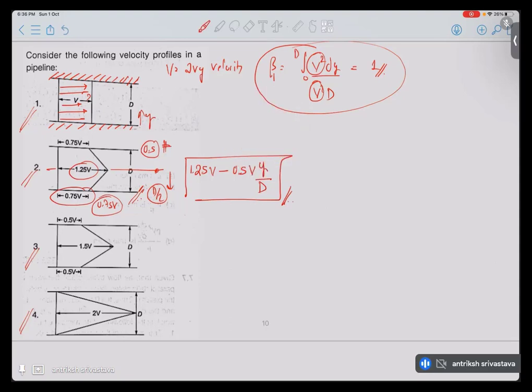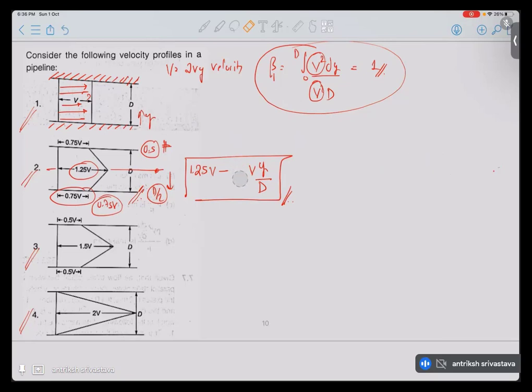At y equal to d by 2, we have 1.25 minus 0.5 into v into d by 2, so the factor of 2 is remaining with us. So we have 1.25 minus 0.25, which is 1. So it is not correct, right? We just have to put in values, and we can see that it doesn't seem to be correct.